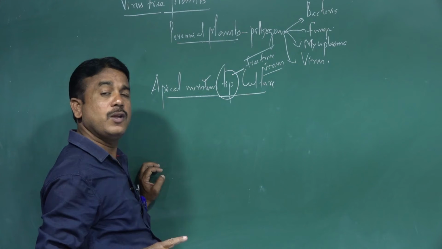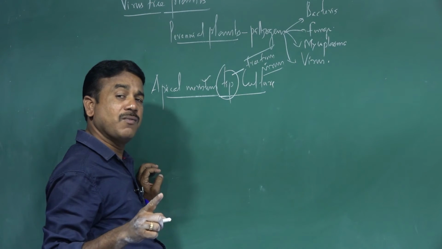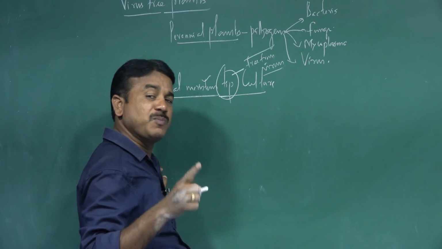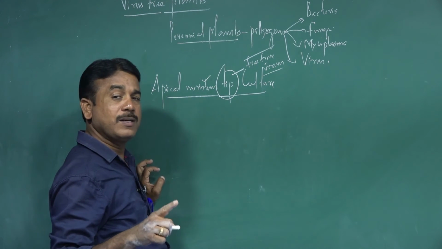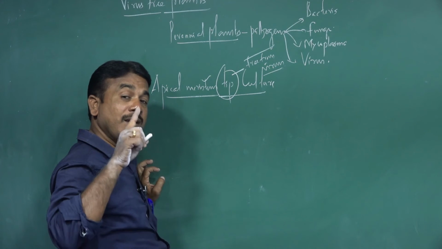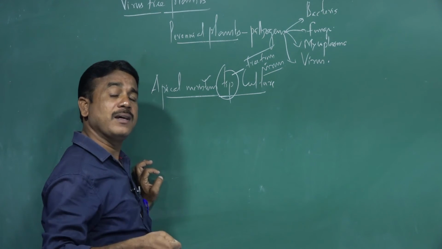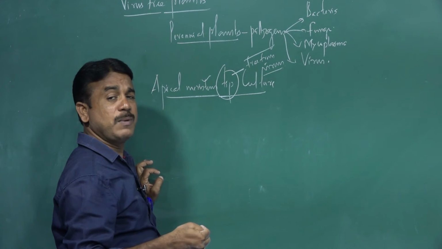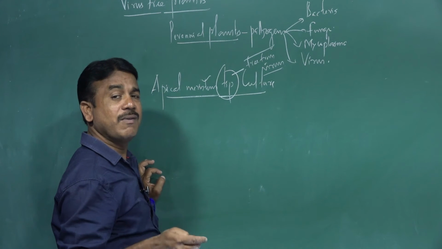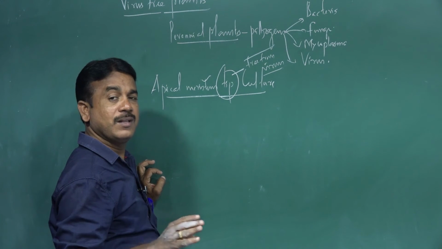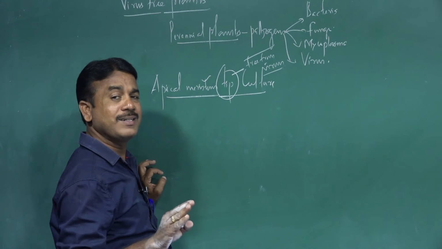So if you cultivate virus-free plants, they must be obtained from apical meristem tip culture, where the tissue or leaf primordia is placed in the culture medium to make virus-free plants. There is no alternative way.